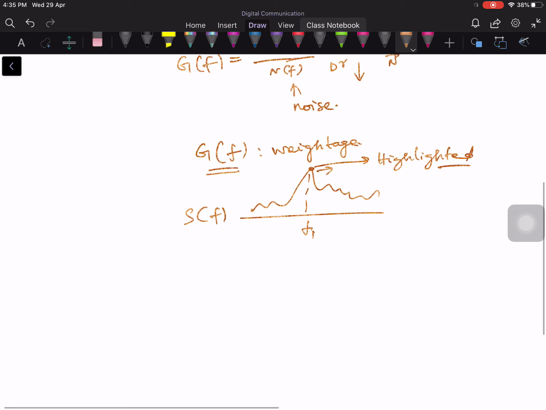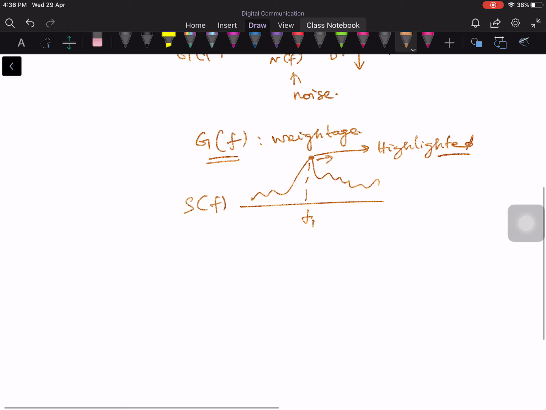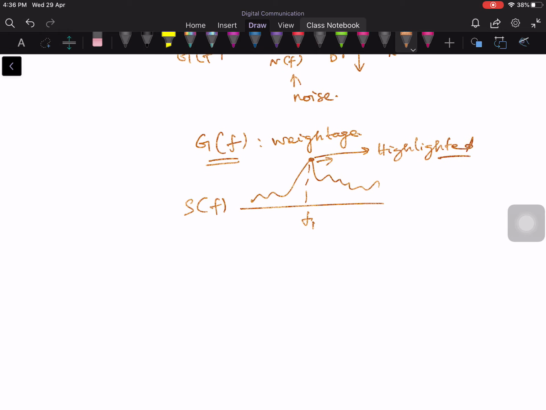So you can choose a weighting function or a transfer function which depends on the input signal to noise ratio at different frequencies. If the SNR is high, it gives more weightage. If the SNR is low, it gives low weightage. So essentially you are increasing the signal to noise ratio when the input SNR is high, and decreasing it when the input SNR is low.